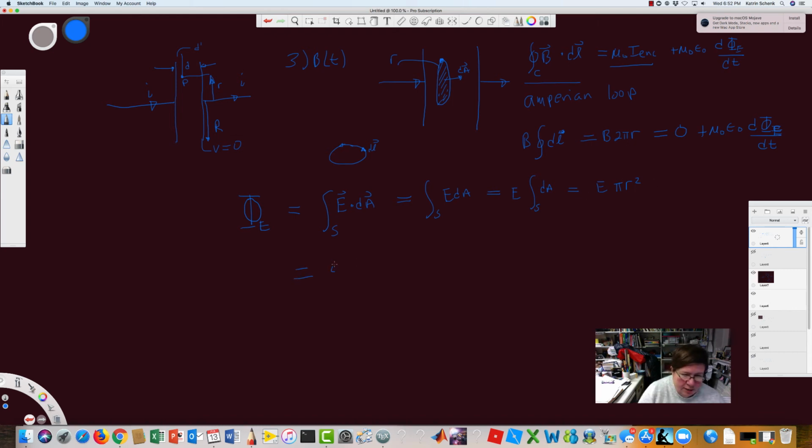And we know what E is. E is I t over pi R squared epsilon naught, and then we have another pi r squared here, and so the pi's cancel out, everything else kind of sticks around. We have I t, we have r squared over big R squared, we have epsilon naught.